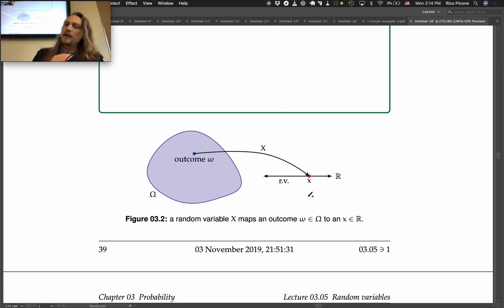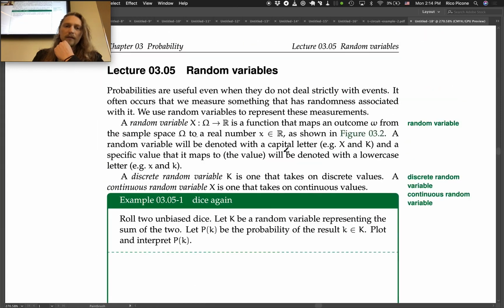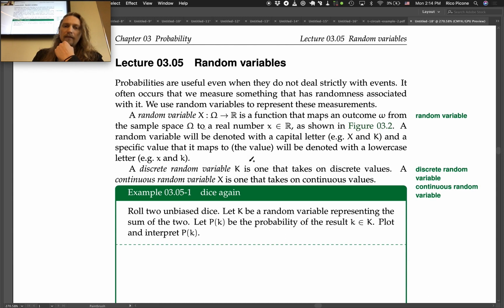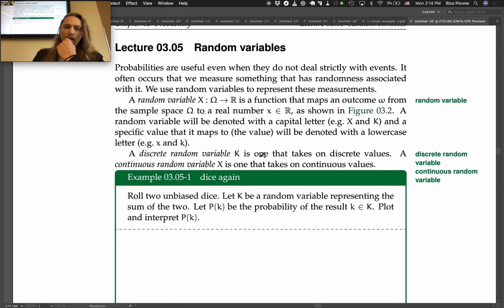We assign to it a value, little x. The random variable is the mapping to that assigned value. The value we usually denote with lowercase, and the map we'll usually use the uppercase.